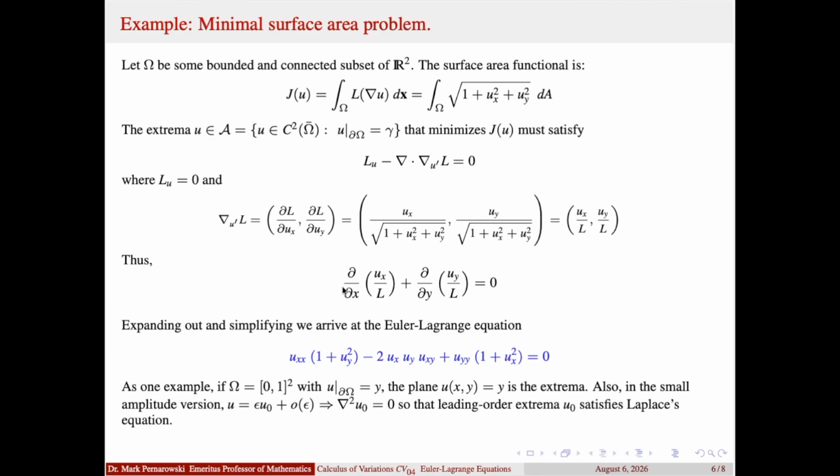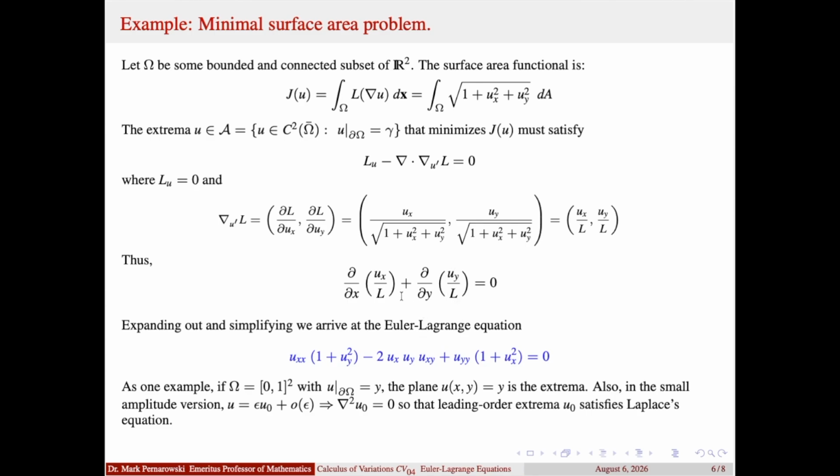All right, so it's the partial in x of that first component plus the partial in y of the second component. So this is the Euler-Lagrange equation, but you can take the partial of this whole term in x and expand it out, partial of this whole term in y and expand it out.